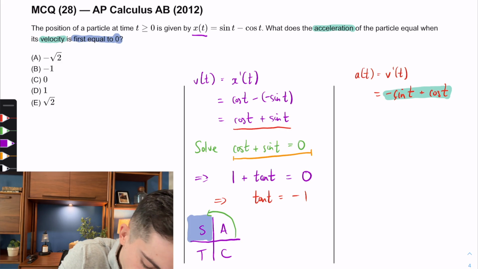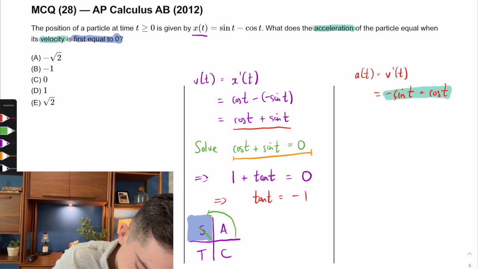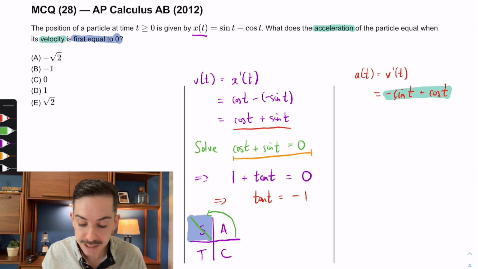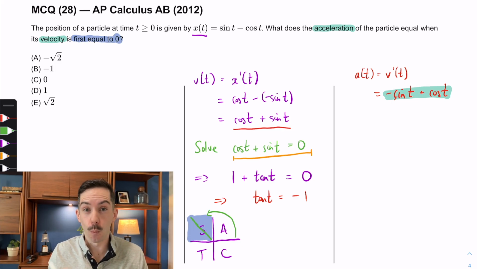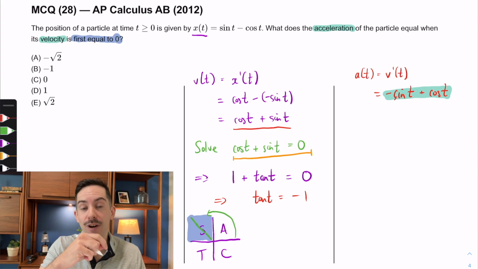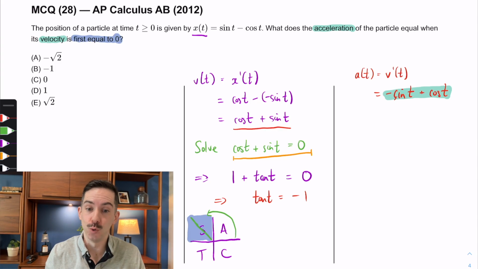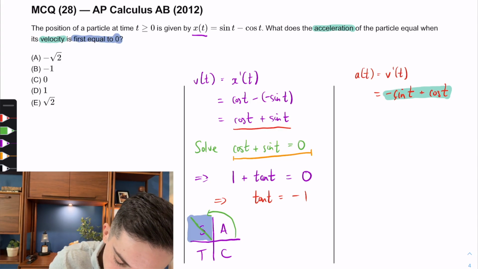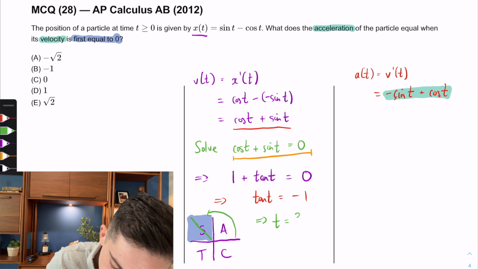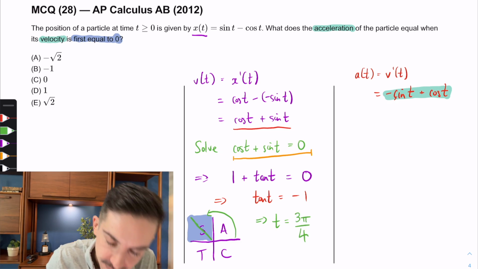And if I remember my standard tan values, my reference angle here, when is tangent of t equal to 1? Well, that happens when t is pi by 4, but I need to translate that reference angle, pi by 4, into that second quadrant. So that's going to tell me that t is 3 pi by 4.